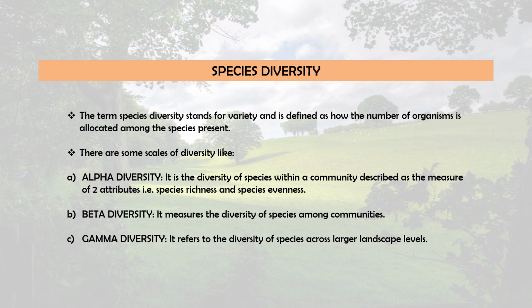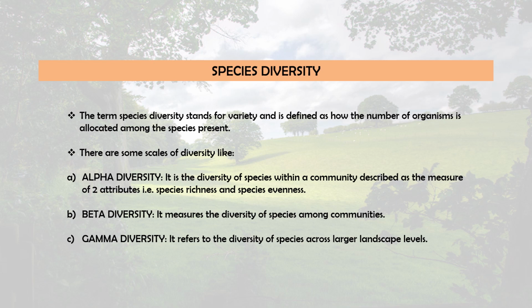gamma diversity. So here the alpha diversity is the diversity of species within an ecological community, which can be described as the measure of two attributes, that is species richness and evenness.